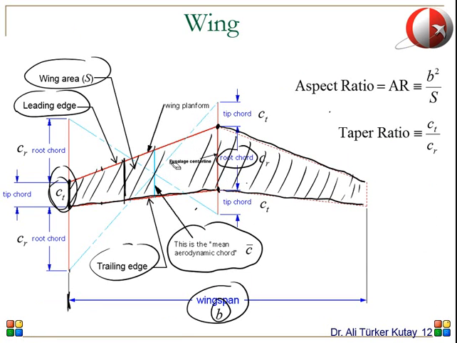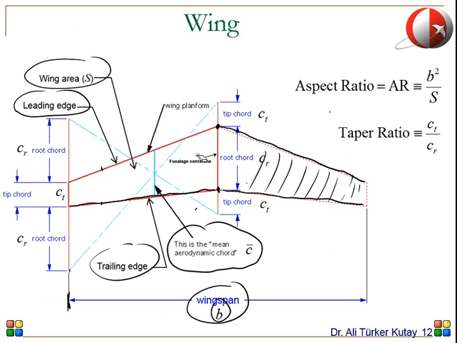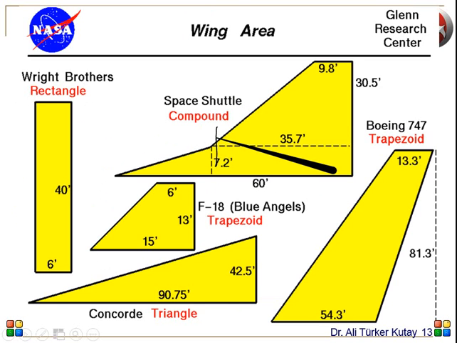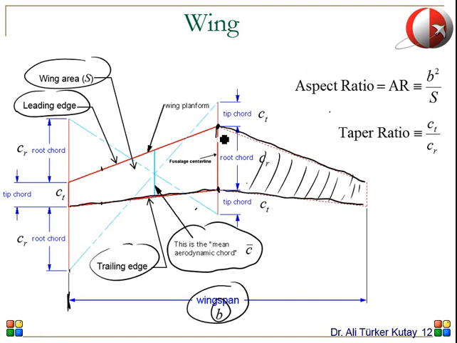as you see here. So let me just clean up this a little bit. Okay, so what you do here is you take this root chord and put it here. So this has the same length, and then put it here as well. Then you take this tip chord and put it here.